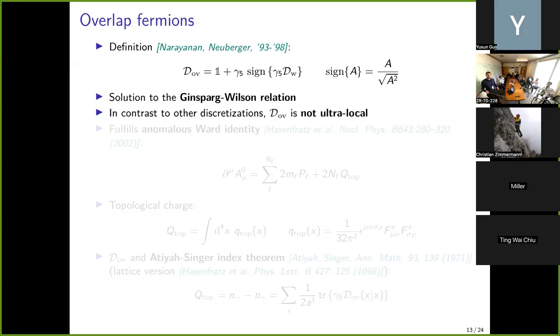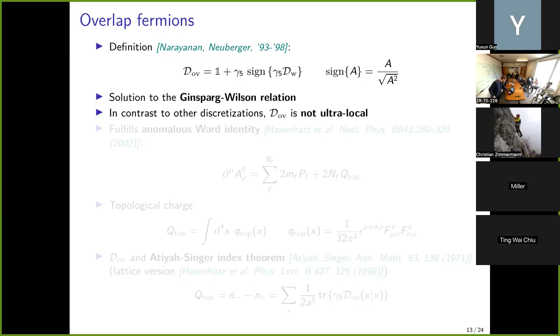It has certain properties that are different from other discretizations. For instance, they are not ultralocal. Ultralocal means that the Dirac matrix is a sparse matrix with only entries at the next upper or lower neighboring diagonal, and this is not the case for the overlap operator.